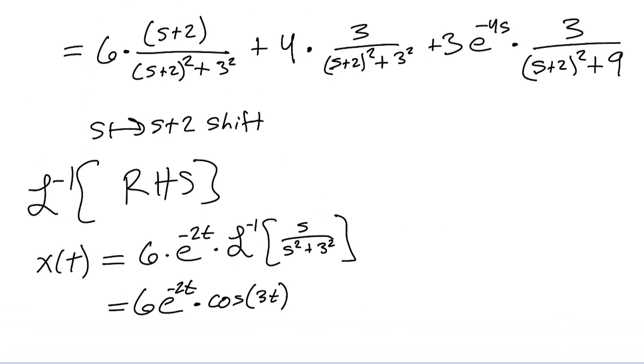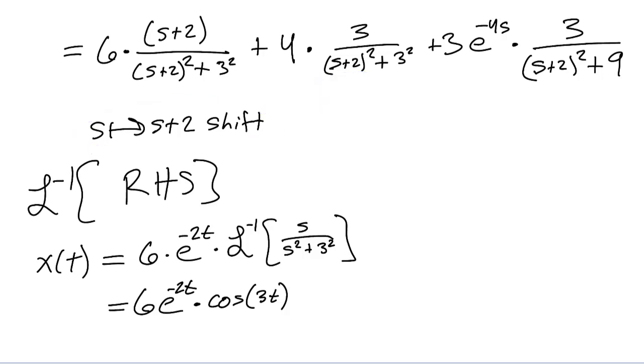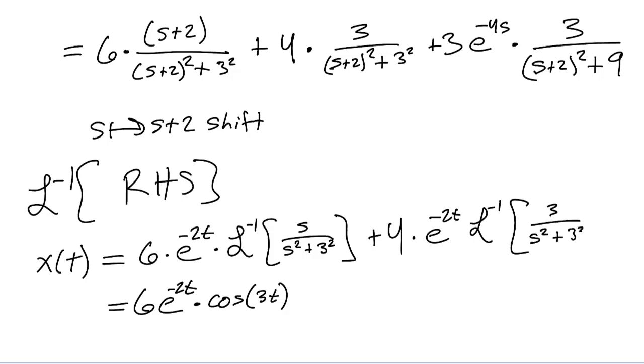Okay? The second term also has the same s into s plus 2 shift. So this is going to become 4 times e to the minus 2t times L inverse of the basic function, which is 3 over s squared plus 3 squared.